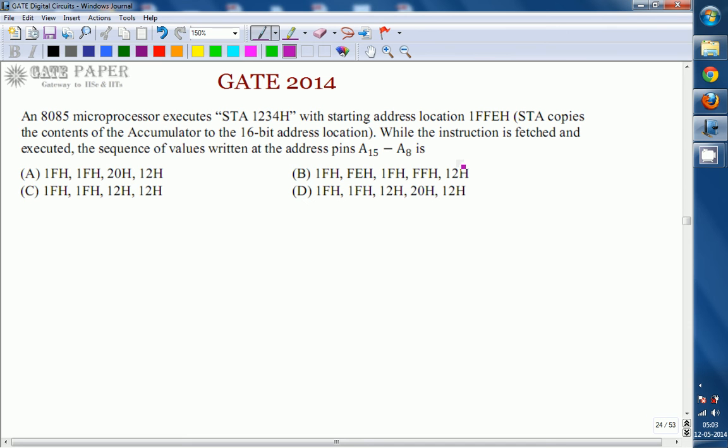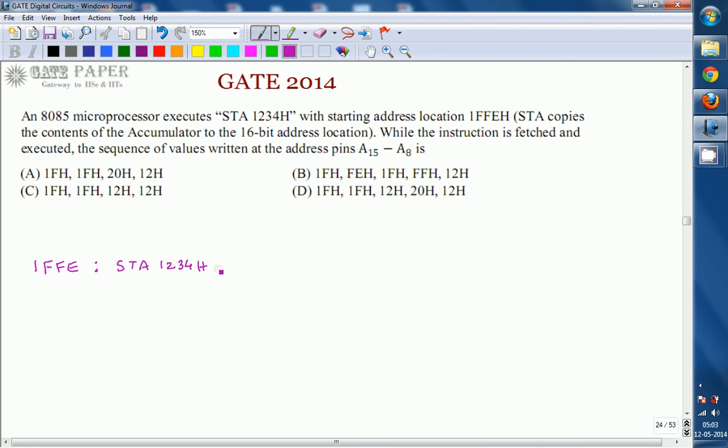The instruction starts at the address location 1FFEH. So we are writing a program, and at memory location 1FFE the instruction STA 1234H is present, and it is a 3-byte instruction.